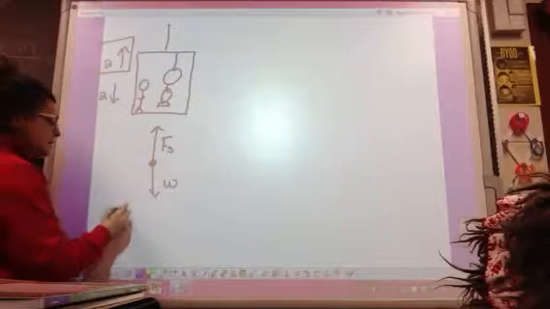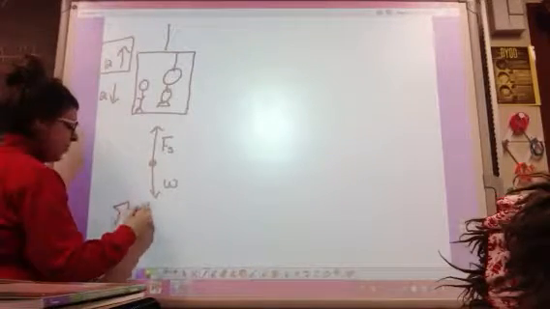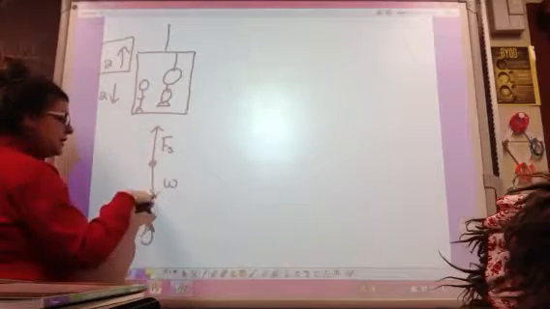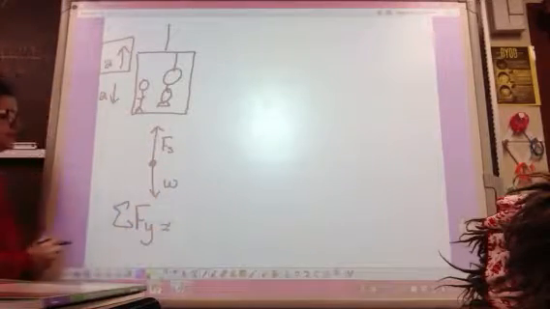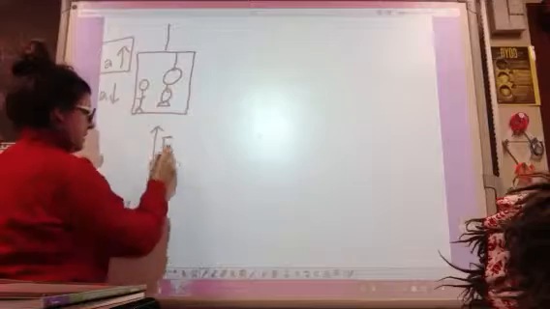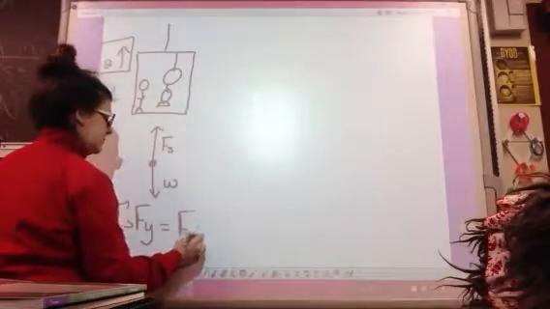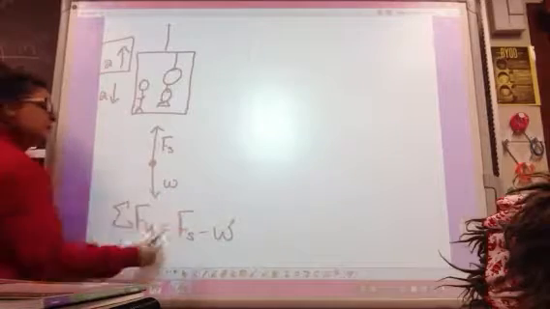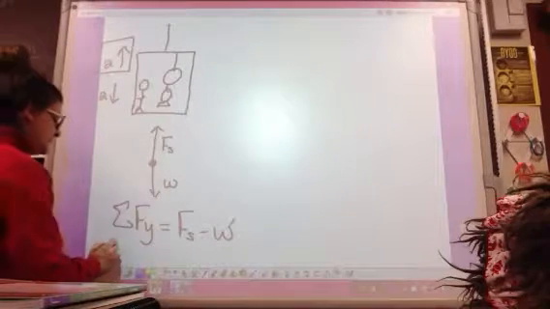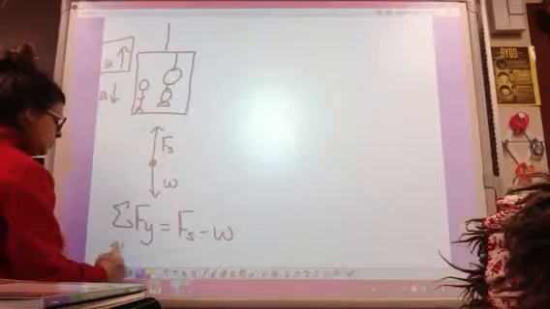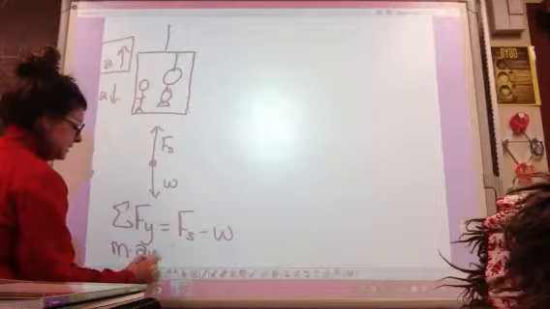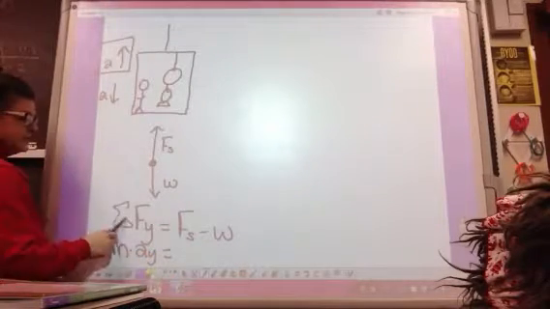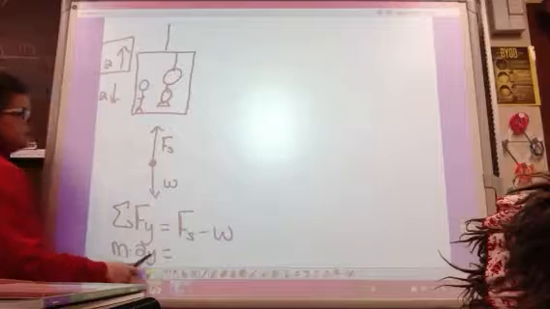They would not. So if I think about my net force, which in the y direction, I would say I have that spring force minus the weight force. But these aren't equal to 0. Instead, they're equal to mass times acceleration in the y direction, right? Because the net force is equal to mass times your acceleration.